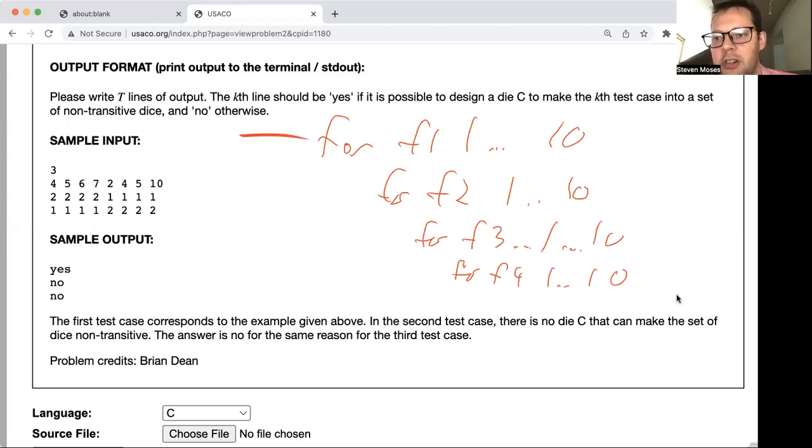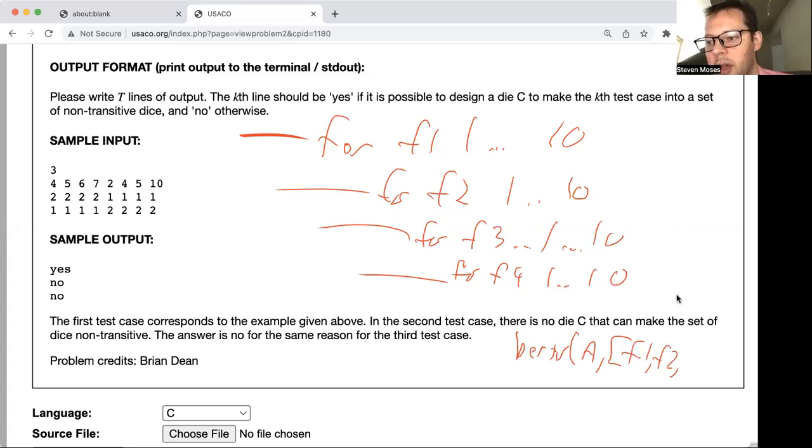So you have a for loop for each face from 1 to 10, for each face 2 from 1 to 10, for each face 3 from 1 to 10, for each face 4 from 1 to 10. Basically, what you're trying to look for is one where better A, comma, that list F1, F2, F3, F4 is equal to true, and not better B. I'm writing this in an awkward way, so I'm going to rewrite this in a second.